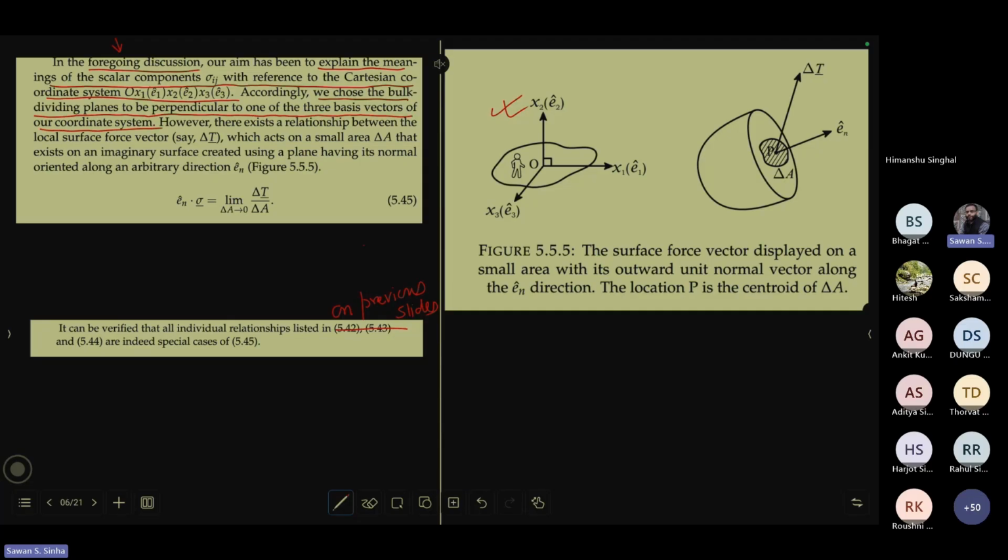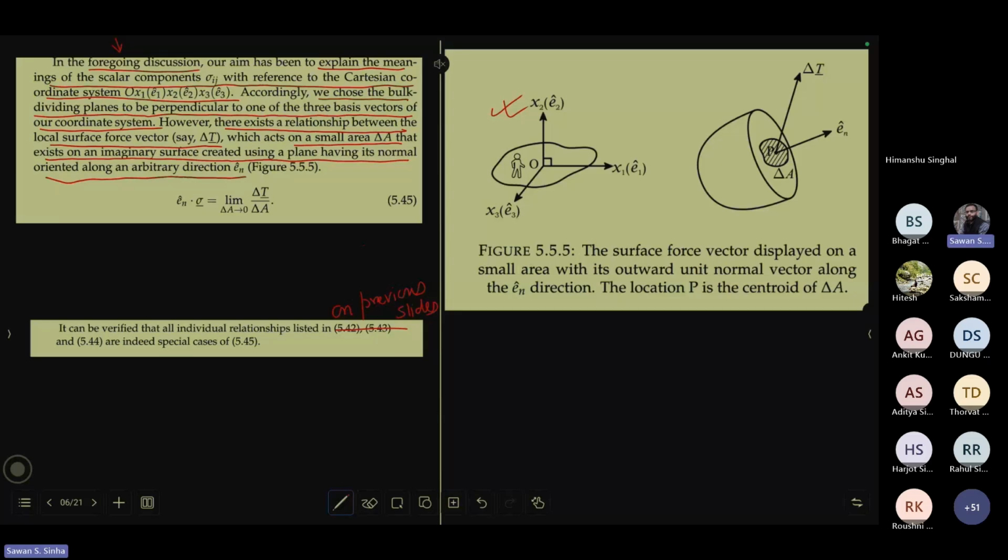E1, E2, or E3. However, note that there exists a relationship between the local surface force vector, say delta T, which acts on a small area delta A that exists on an imaginary surface created using a plane having its normal oriented along an arbitrary direction En.